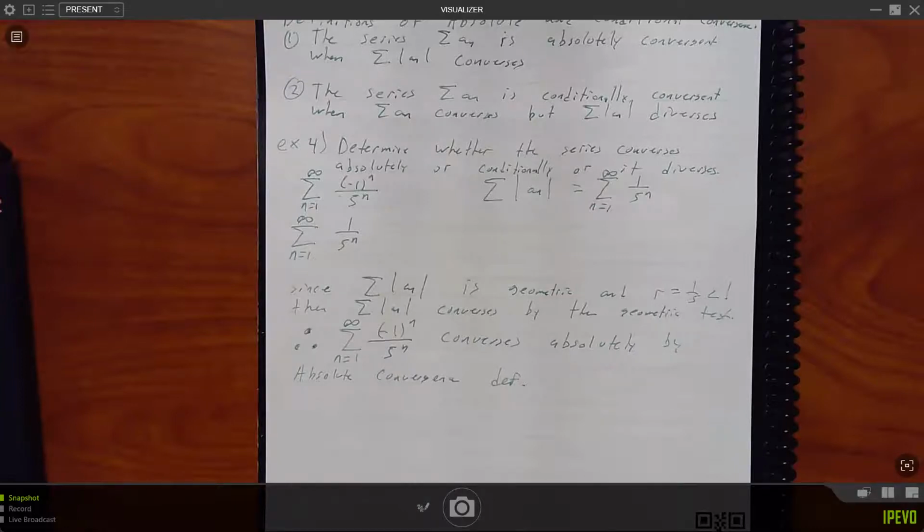Any questions on this one? Not too bad, right? You just take the absolute value and then figure out what test works. And if it converges, then you're good. If it does not, then you're not good.